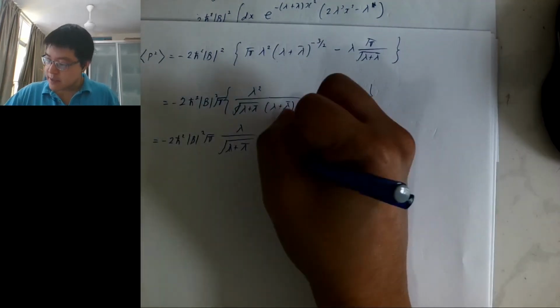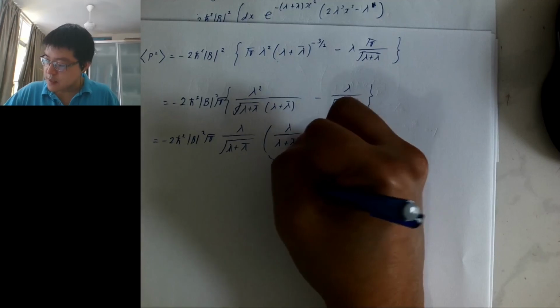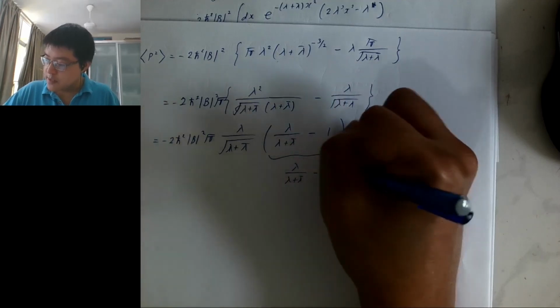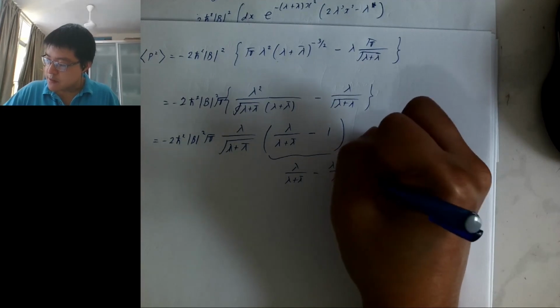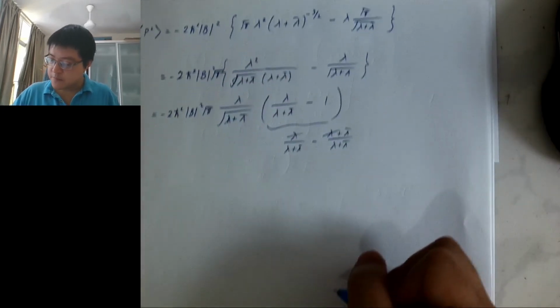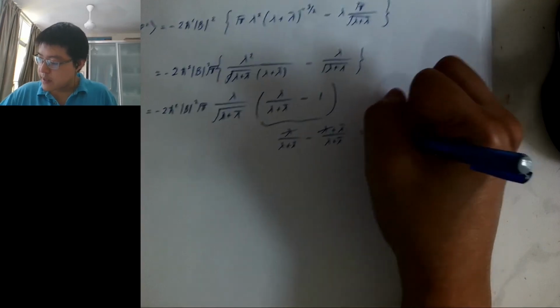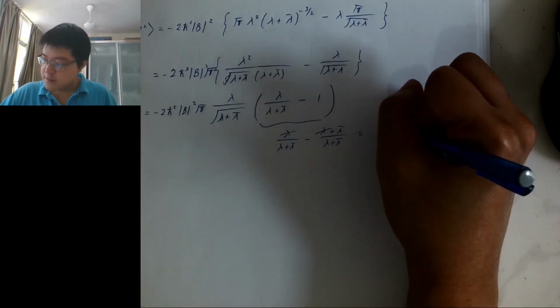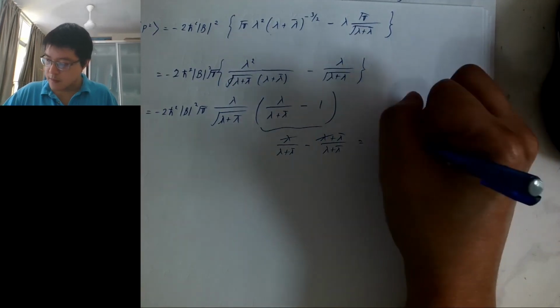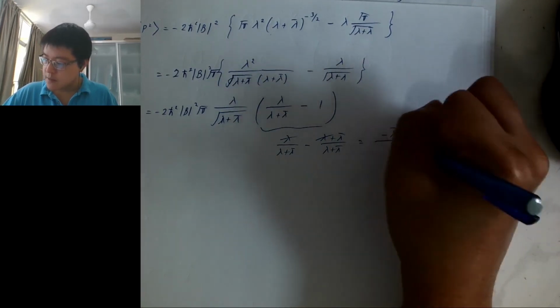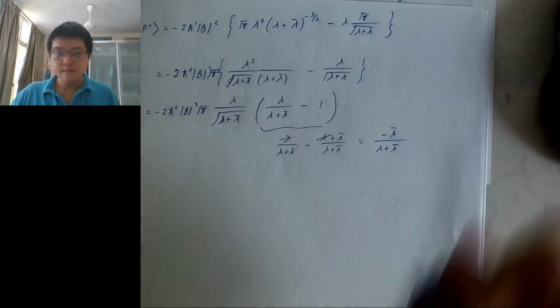Now this part, you notice is just 1 over lambda plus lambda bar, minus lambda plus lambda bar over lambda plus lambda bar. So these two terms will cancel, and I am left with minus lambda bar over lambda plus lambda bar.